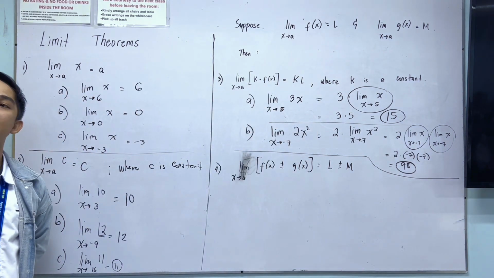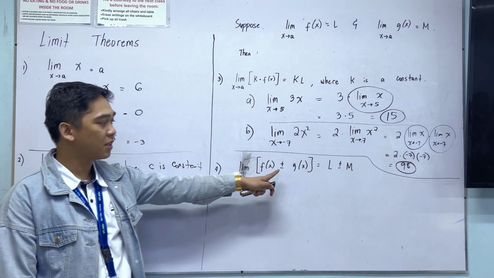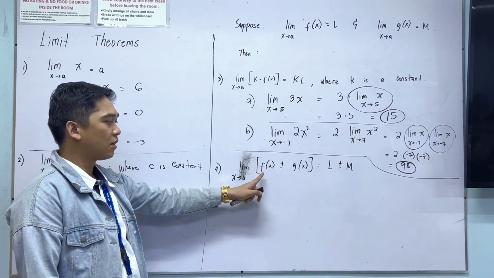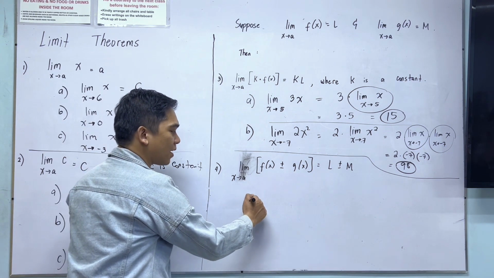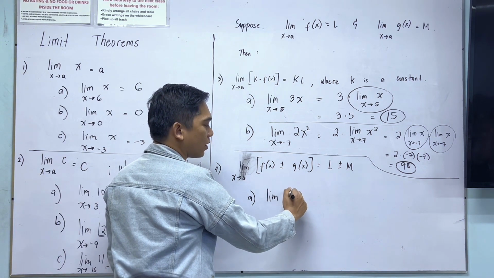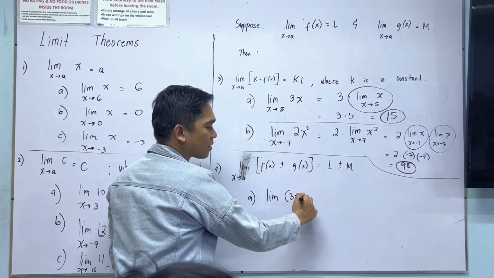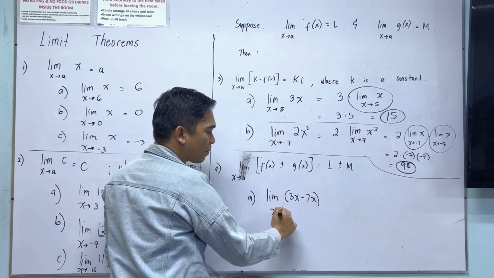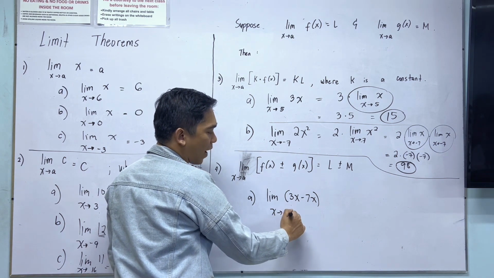Next, the sum and difference. Ibig sabihin sum and difference, it can be plus or minus. So, alternative example, limit of 3x minus 7x as x approaches 5.